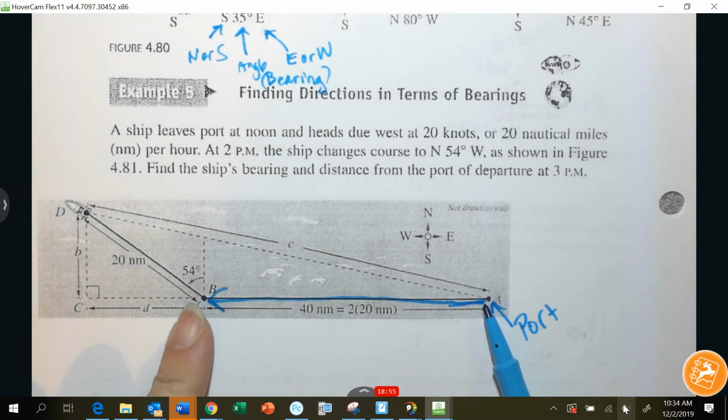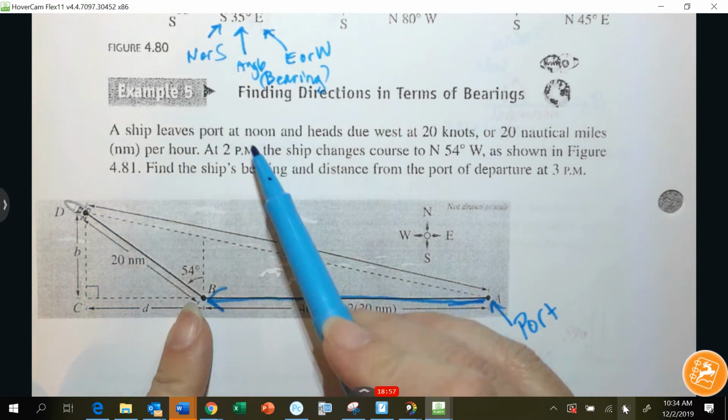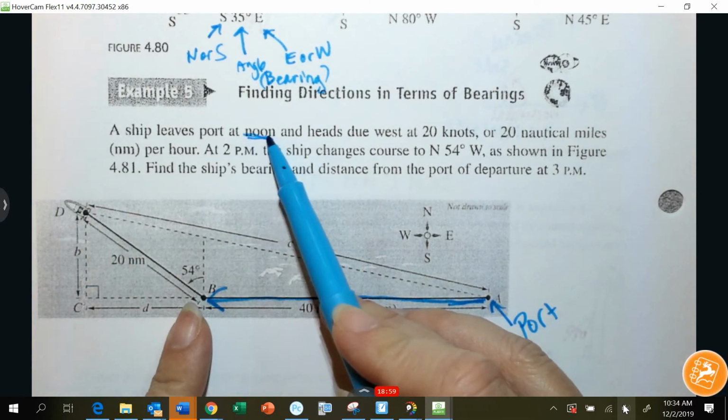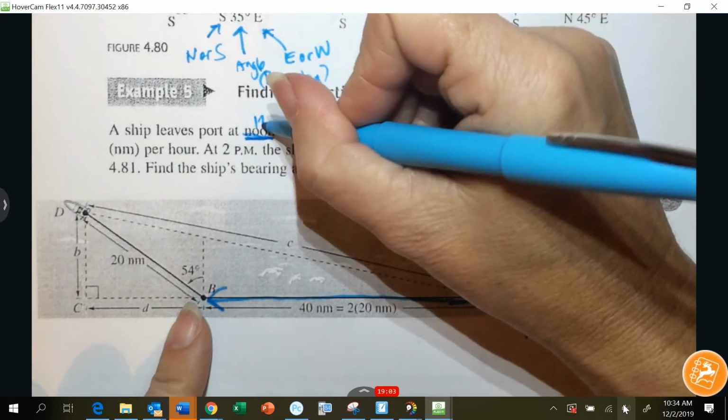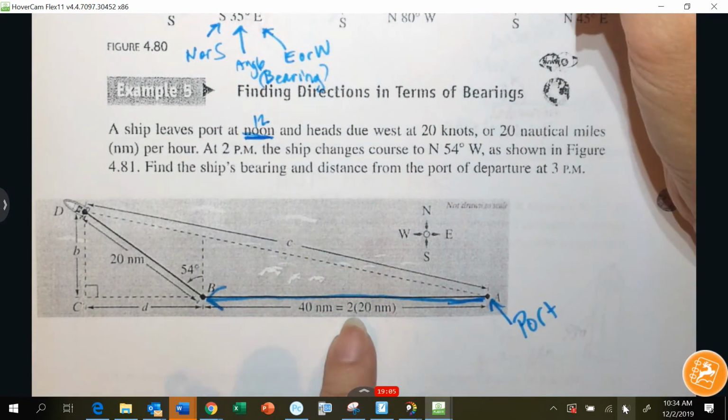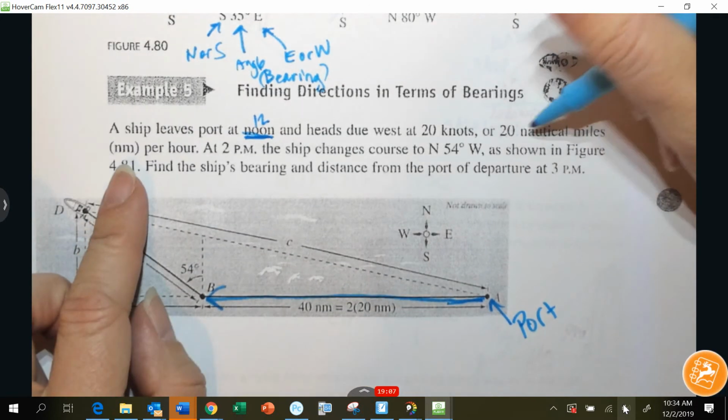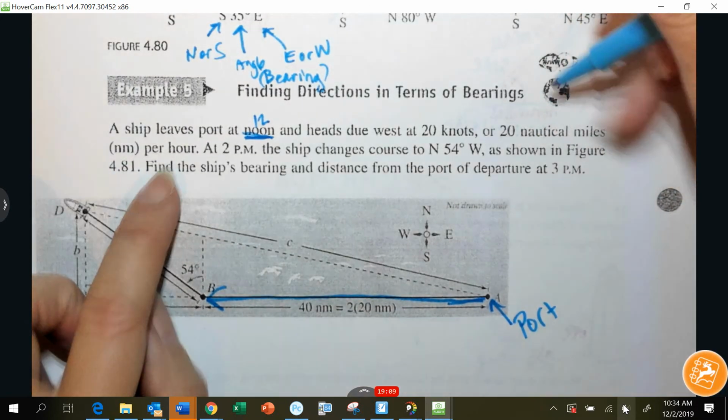How do you get that? Because it left at noon. You gotta pay attention to the words that aren't written as numbers. So it left at noon, got there at 2, it traveled for 2 hours. And it's traveling 20 nautical miles per hour.